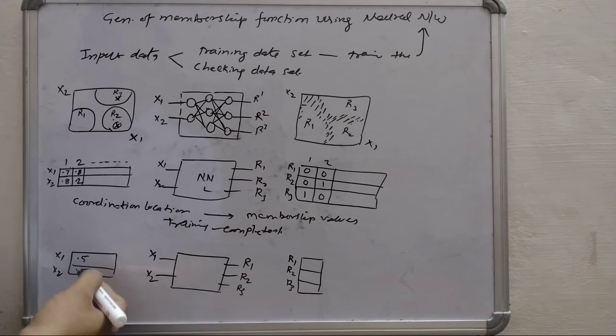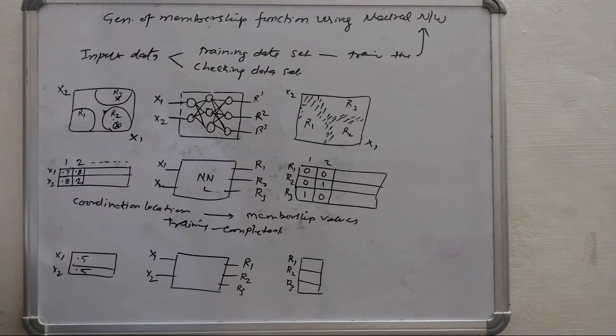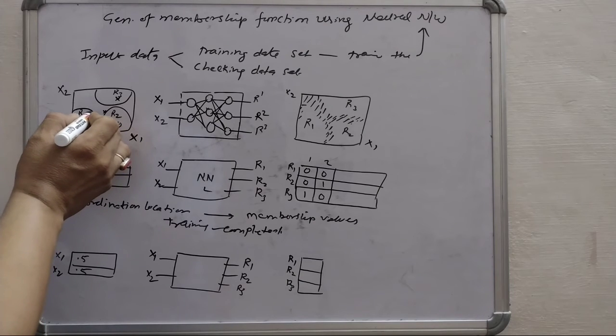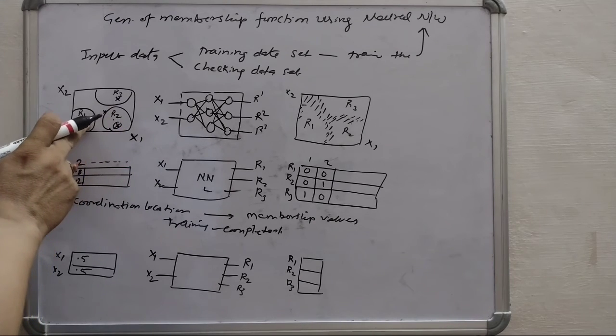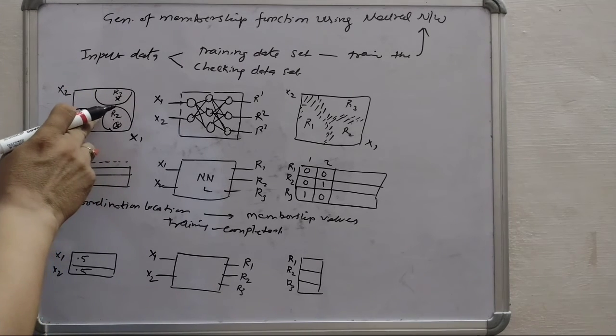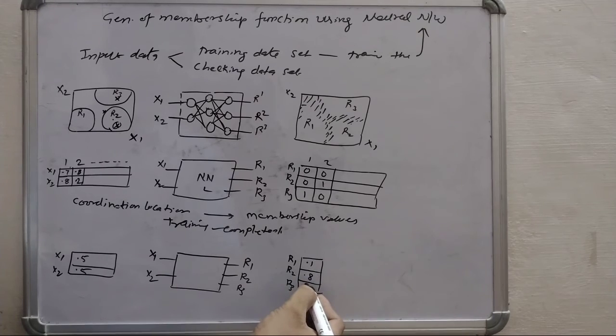So for 0.5 and 0.5, somewhere here, we can see that it will have very little belongingness to R1 as well as to R3, whereas it has the highest belongingness to R2. So somewhere we can get R1 is 0.1, R2 is 0.8 and R3 is 0.1.